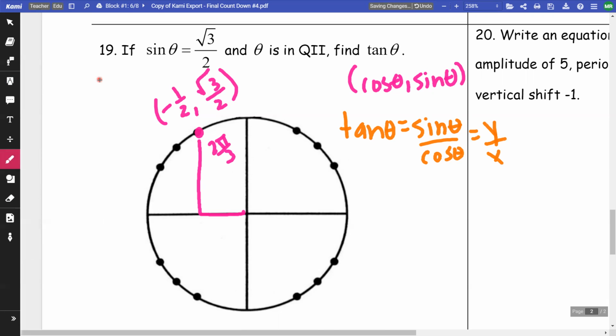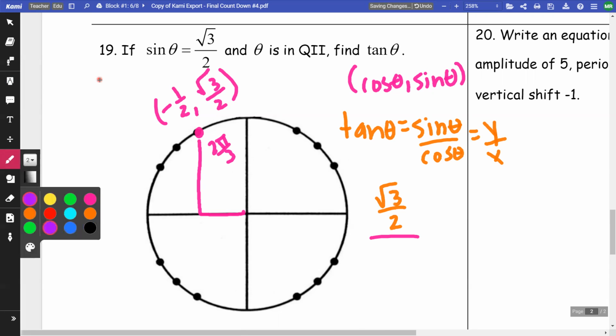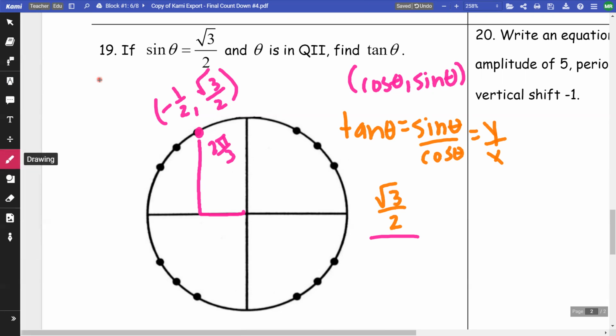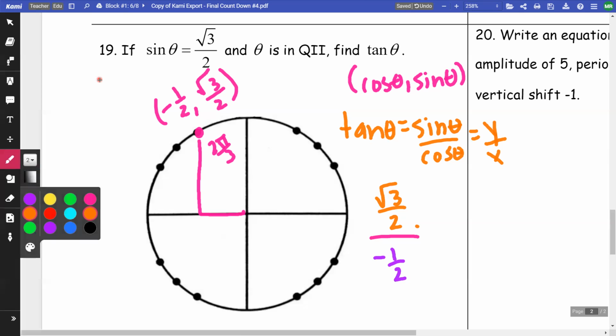So I am going to take my y, which is √3/2, and put that over my cosine, which is -1/2. I'm going to take √3/2 and multiply it by the reciprocal, so -2/1. Those cross out, and I get a -√3. And that would be my tangent.